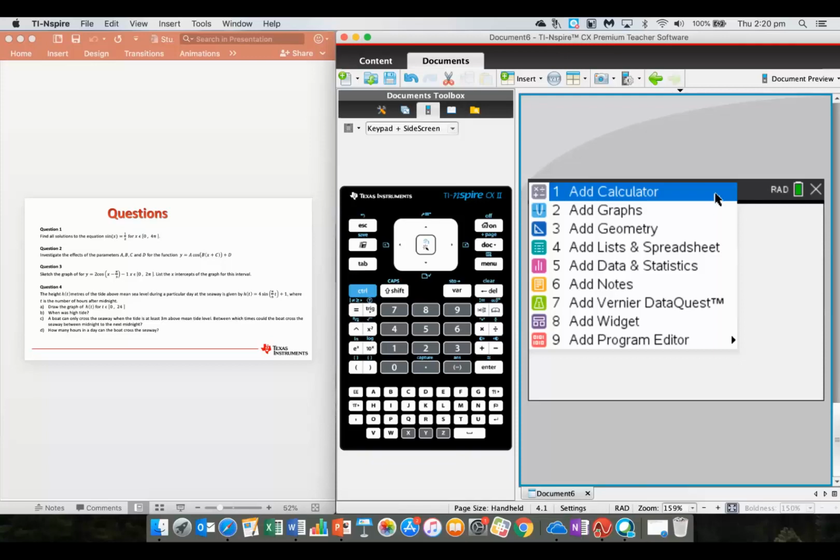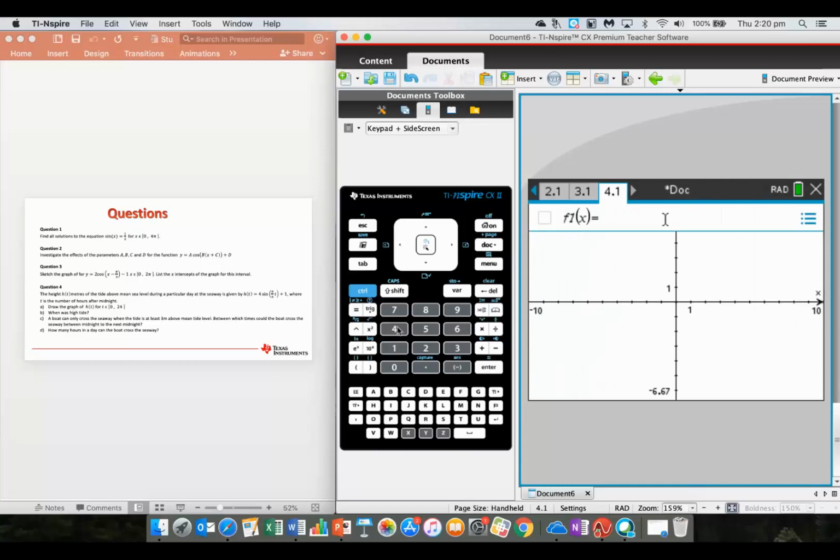For question 4, the height h of t meters of the tide above mean sea level during a particular day at the seaway is given by h of t equals 4 sine(pi on 6 t) plus 1, where t is the number of hours after midnight. The first thing I have to do is draw the graph of h of t, for t an element from 0 to 24, so I'll add a graph page.